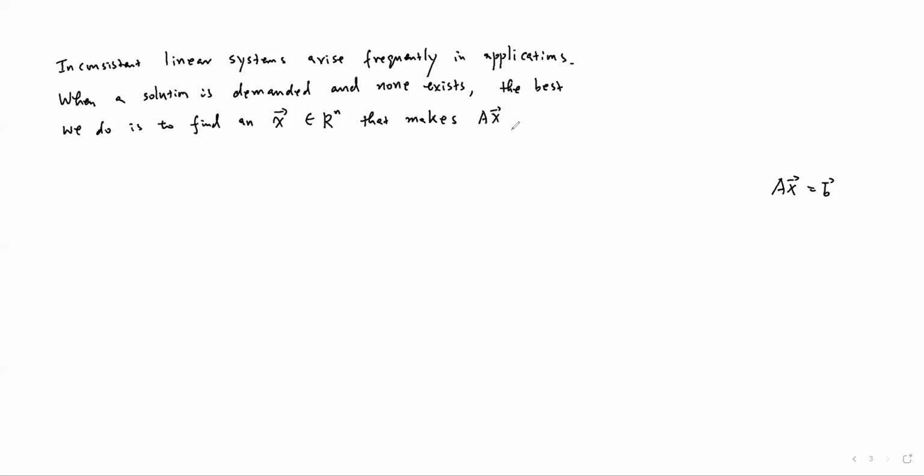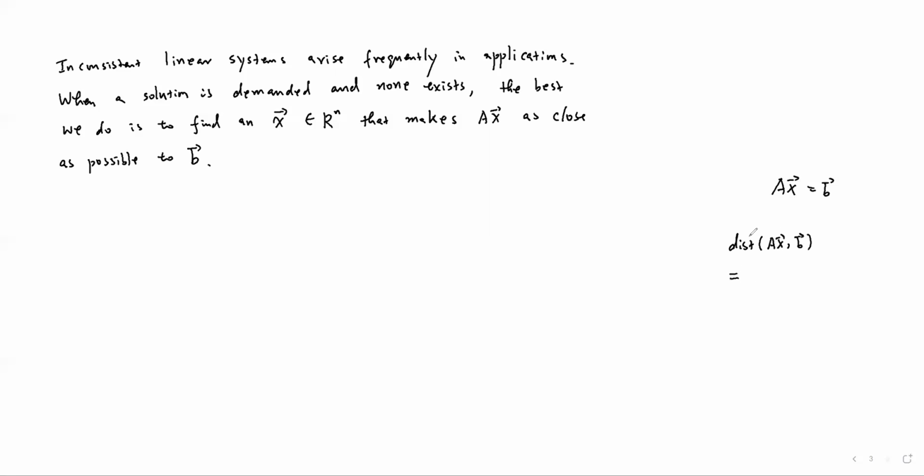The best we can do. The linear system has no solution, but we still want to get something. So we want to find some x so that left side and right side, their distance is as small as possible.